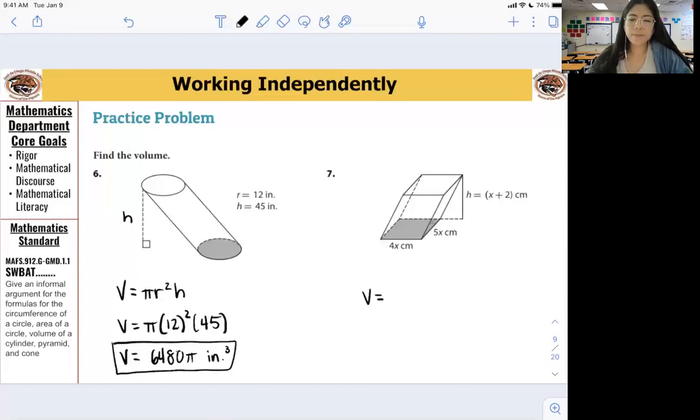Length times width times height. Good. Because again, even though it's oblique, we can still use the same formula. Length times width times height.